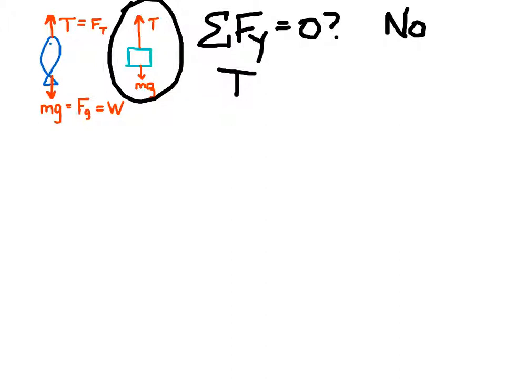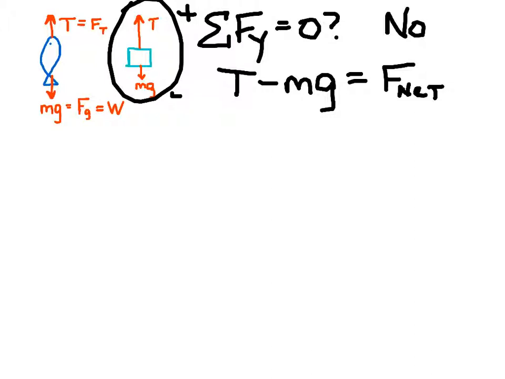I'm going to say that tension is a positive force, based on the convention that things that go up are positive and things that go down are negative. Then I'm going to subtract from that the weight, mg. I'm going to set that equal to, instead of 0, since we know that the sum of these two is not 0, some leftover force, the net force.